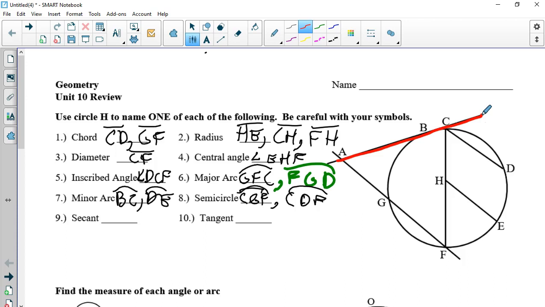Sorry, I got ahead of myself. That's number 10. Down here, going through the circle would be AF. And remember, that is a ray. And my tangent, I got ahead of myself, that would be AC. And remember, that one is just touching the circle in the one spot.